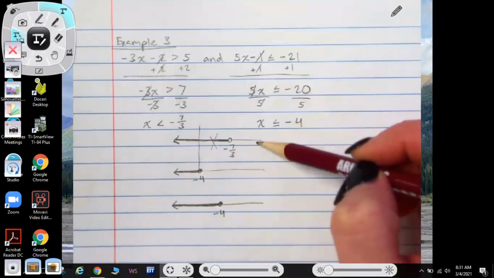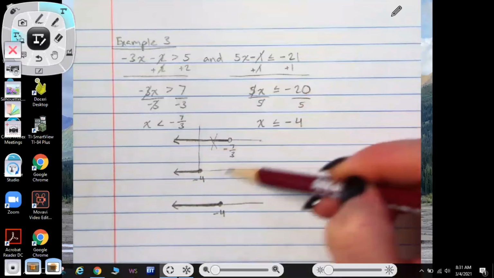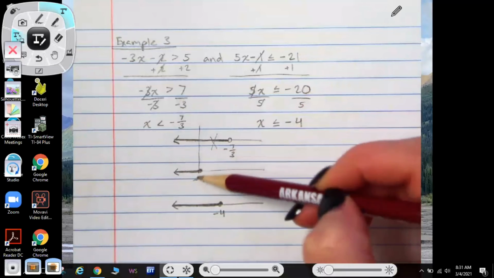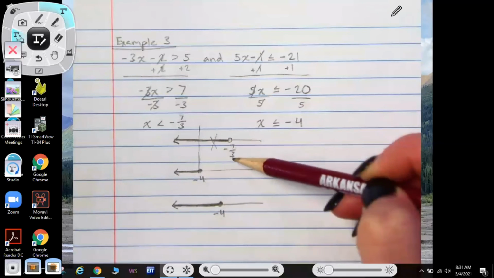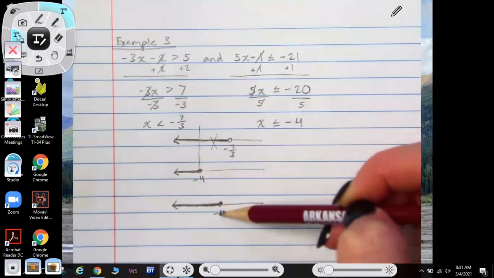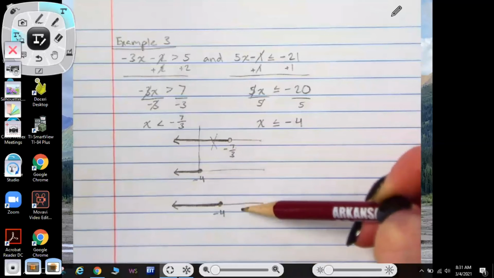So I don't want this to be confusing. When I'm drawing these two graphs, I'm still working to find my solution. And I want to make sure that when I plot these numbers, I plot them correctly in relation to each other. When I plotted this one, I know I put the -4 over here instead of lining it up here. But at this point, I'm just drawing my solution graph.